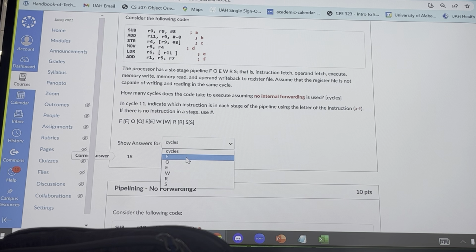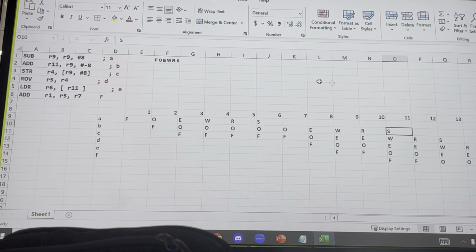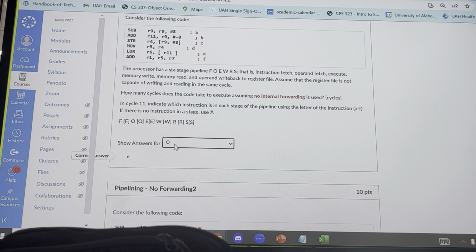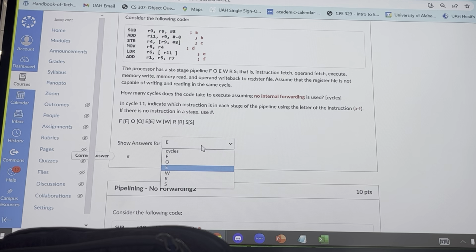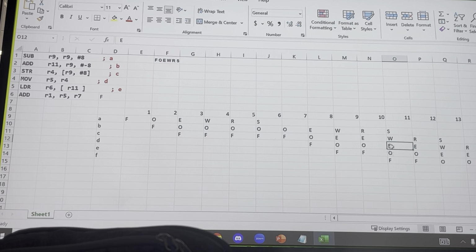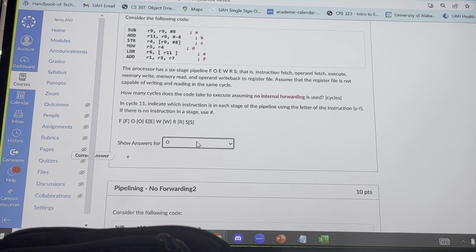Let's look at F. F is F. O is E, I think. What's in E? Should be nothing. But either way, that didn't change the cycle it's supposed to be on. So O is E. Did I go the wrong way?